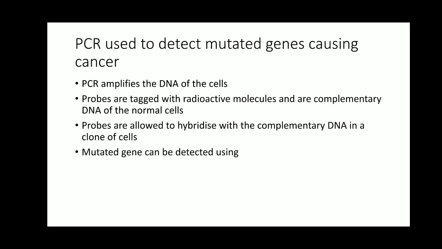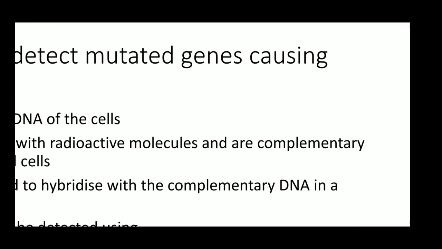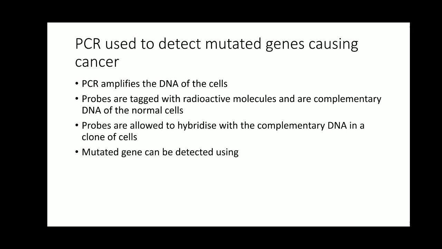This can also be observed on a particular film known as X-ray film. There too, if they appear, then they contain the radioactive elements. For that purpose, the probes are used for detection. The probes are tagged with radioactive molecules and are complementary to the normal cells.